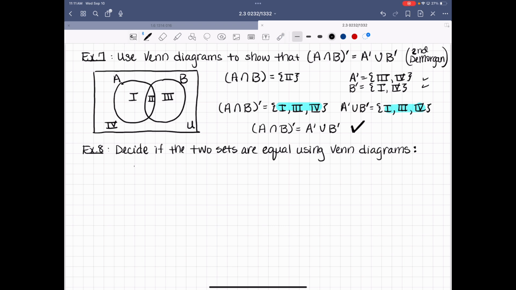Okay, I have B union A intersection C and A union B intersection B union C. That's a bunch.